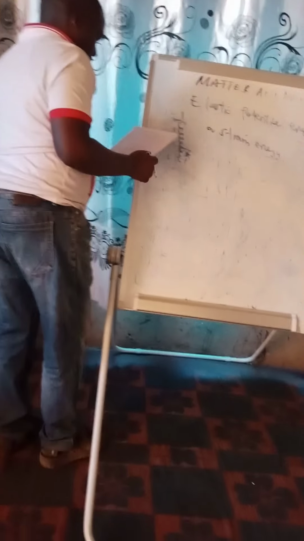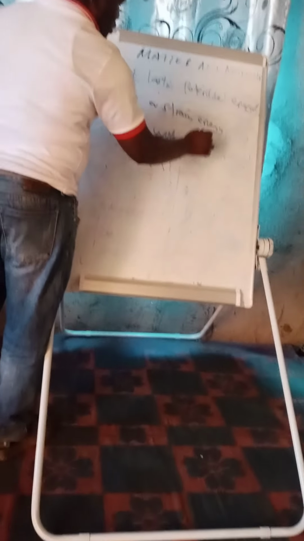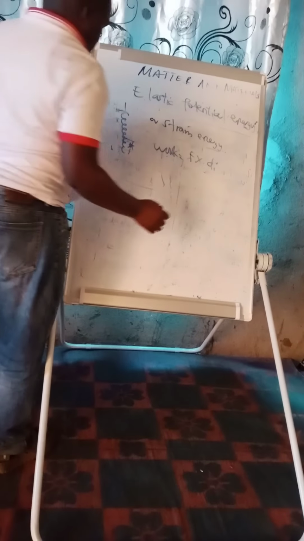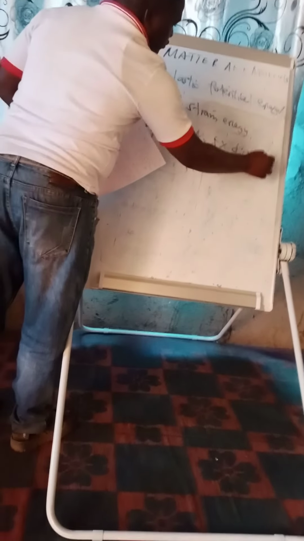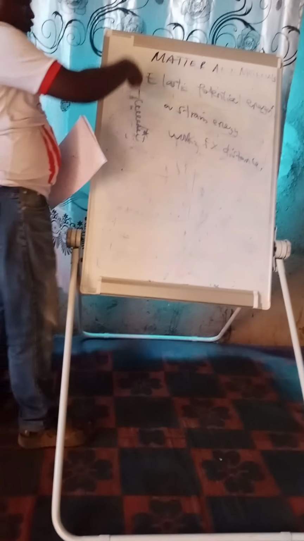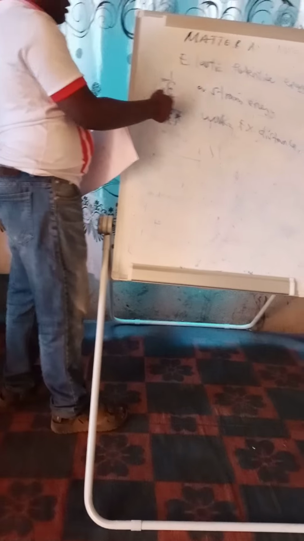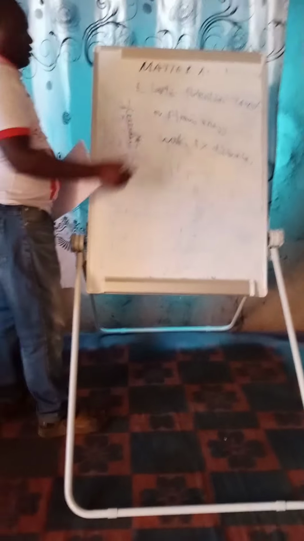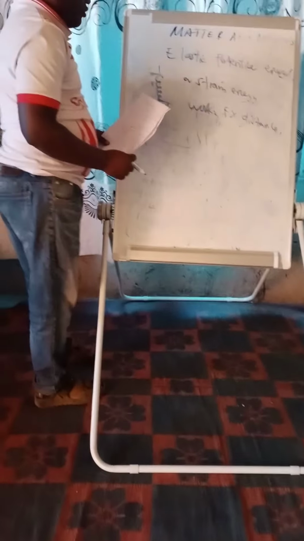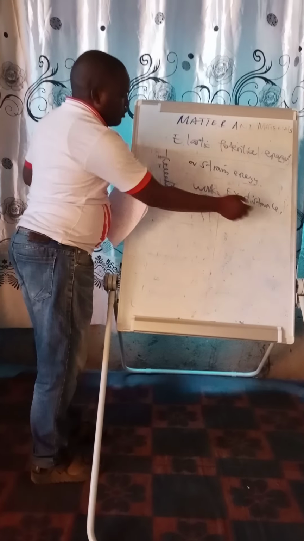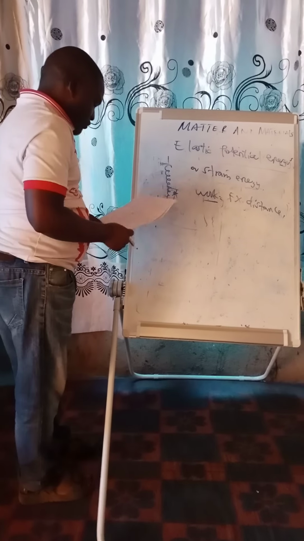Work done is equal to force times distance in the direction of force. You apply a force to the spring, extension happens.